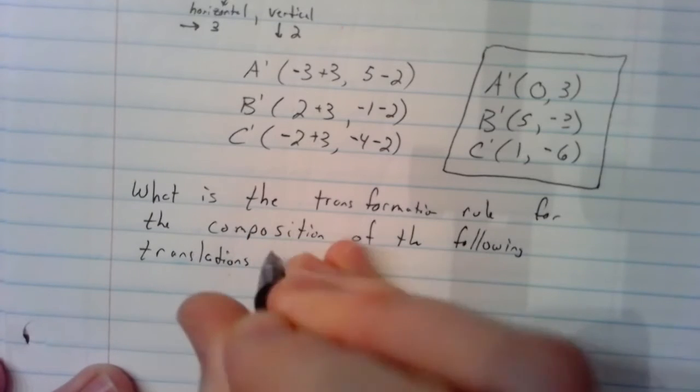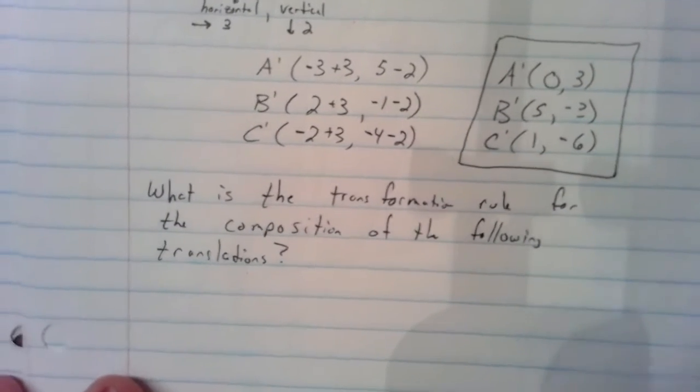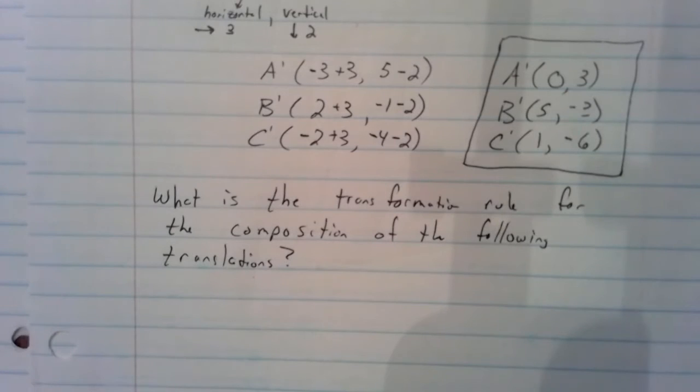Okay, and we can actually do this not just for a composition of translations, but we can actually represent a composition of two horizontal reflections as a translation, or a composition of two vertical reflections as a translation.